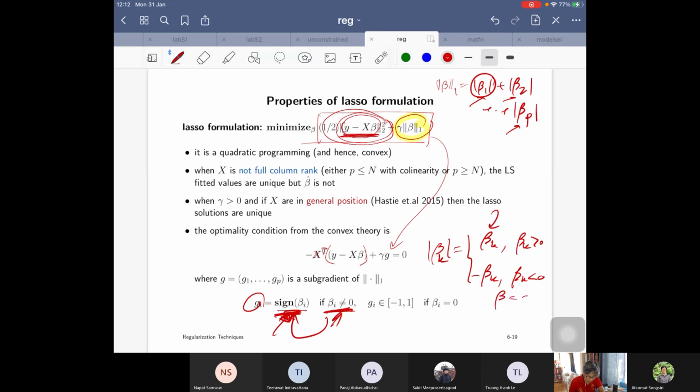Now, when beta is 0, there's some more detail, but I don't want to go into it. The subgradient of the L1 norm at component i is going to be any number between minus 1 and 1 when beta i is 0.